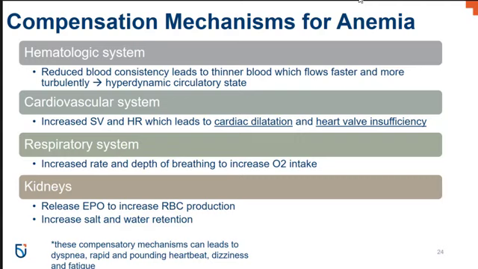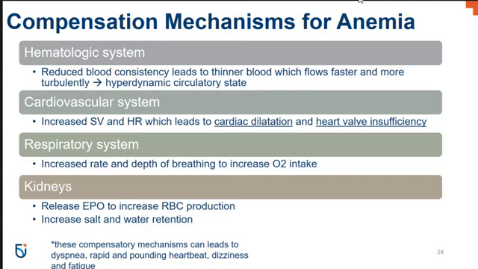This is going to reduce the overall blood consistency, making it less viscous, almost watery, because there's less red blood cells making up such a big part of our formed elements, making up such a big part of our whole blood. And so the blood is going to be thinner and it's going to flow a lot faster. And blood that is thinner, that flows faster, is going to flow more turbulently, leading to a hyperdynamic circulatory state, just moving so quickly. And that in itself can have negative effects.